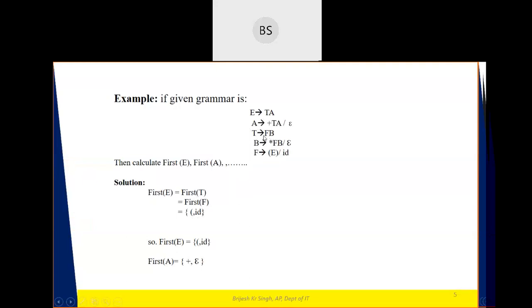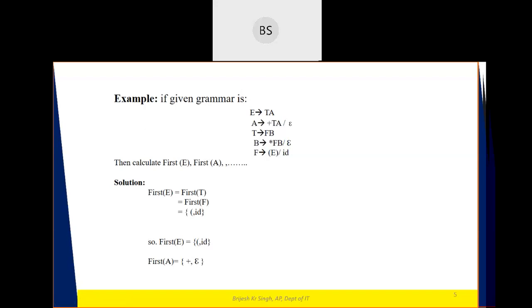F is a non-terminal symbol, so we need to calculate the FIRST of F. If you consider F produces (E), with opening parenthesis, E and closing parenthesis, in that case FIRST of F will be the left parenthesis, right?